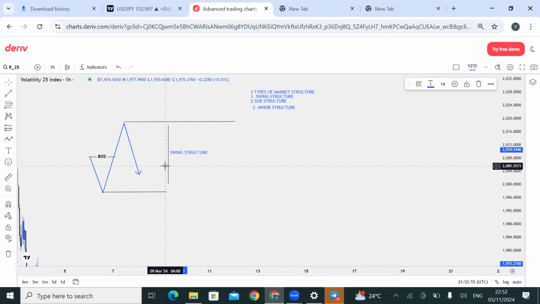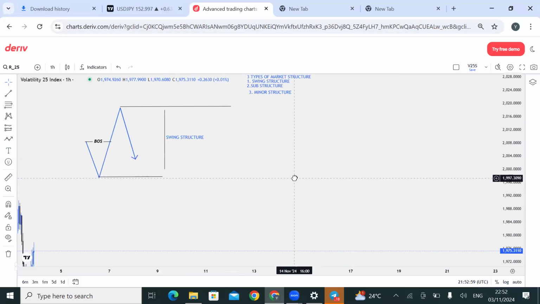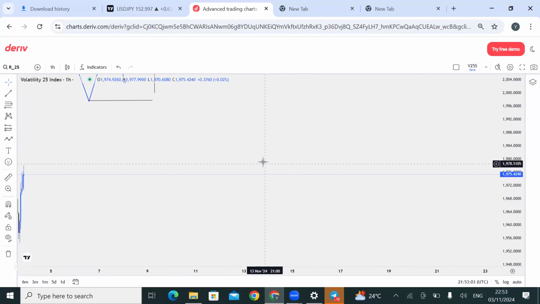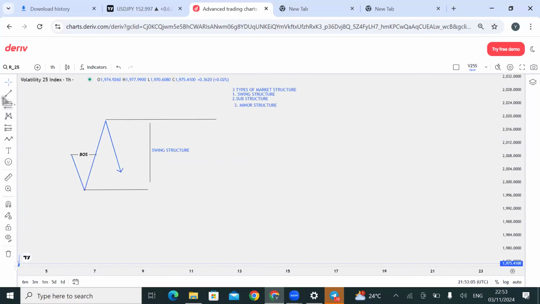That's our swing structure. Then this is how it works.